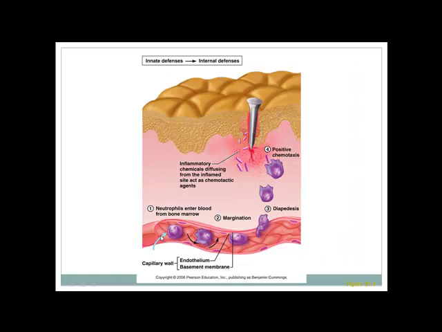Here's margination and diapedesis we talked about in the last lecture too. So we have a white blood cell floating around. We have migration towards this area occurring, and this white blood cell wants to leave the blood vessel and get to the site of injury. So what it does is it undergoes margination. It starts going against the wall of the blood vessel and it flattens itself against the wall of the blood vessel.